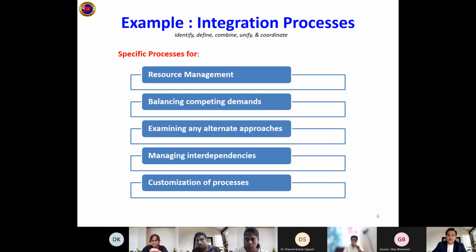Any other interdependencies you can think of? Okay, Tarun, go ahead.